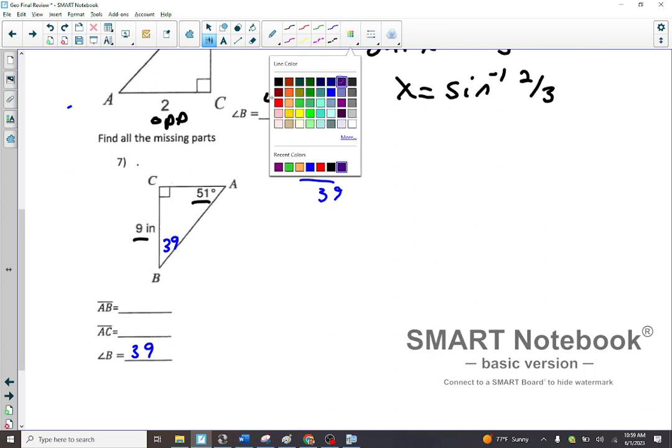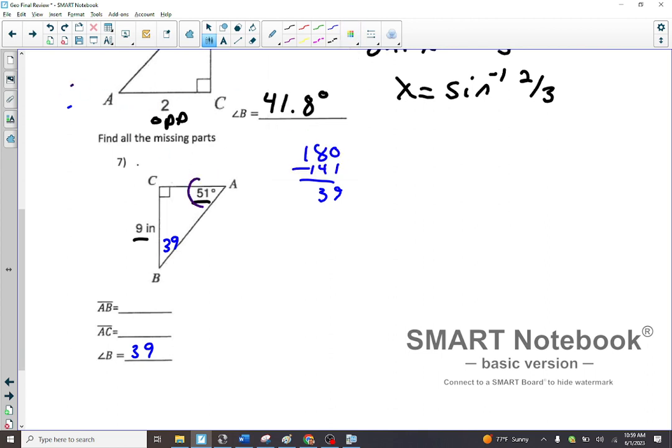But with that in mind, we have this 51 degrees. This 9 to the 51 degrees is the opposite. And AC is the adjacent, which means I need to use opposite adjacent. That tells me TOA. So I'm going to do tan 51 equals opposite, which is 9, over adjacent, which is x in this case, because I don't know what it is yet.